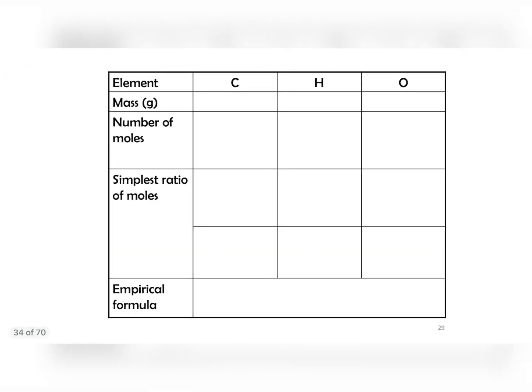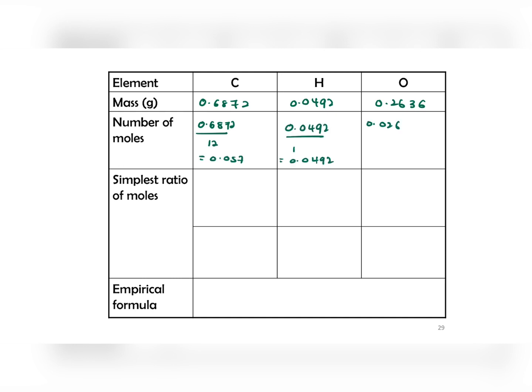Now barulah boleh masukkan the value of mass dekat dalam this table. Guna Mamora table untuk cari dia punya empirical formula. So masukkan mass, mole and calculate the simplest ratio.